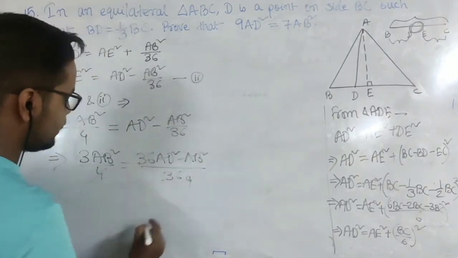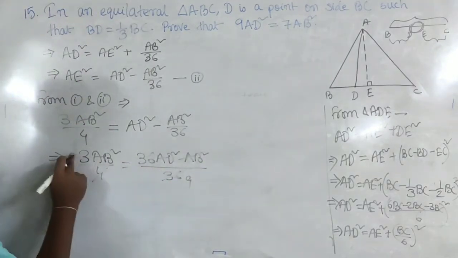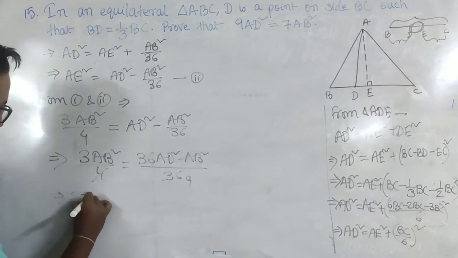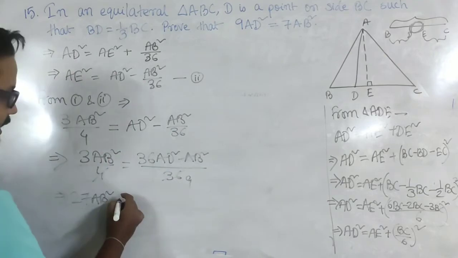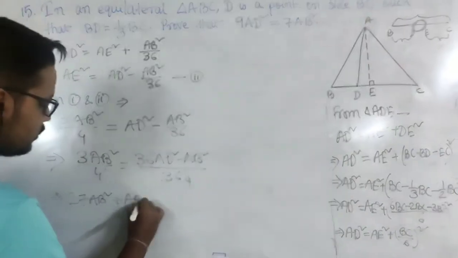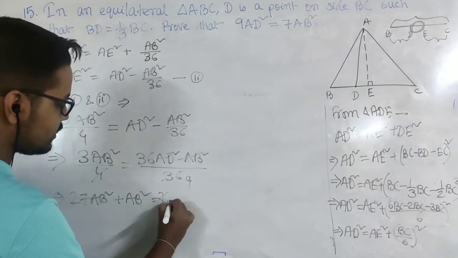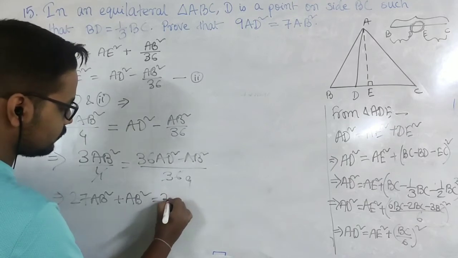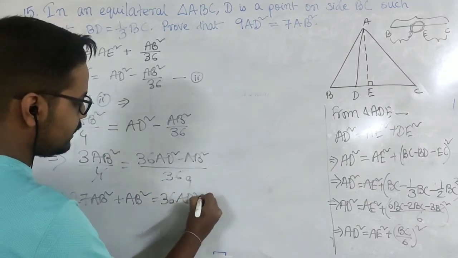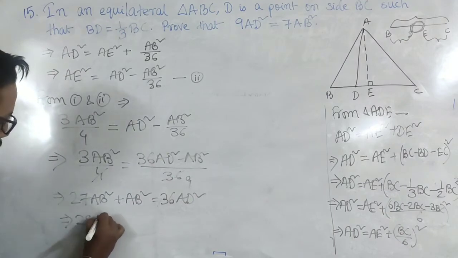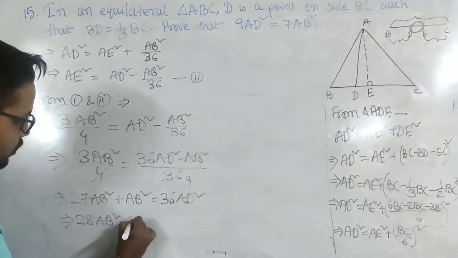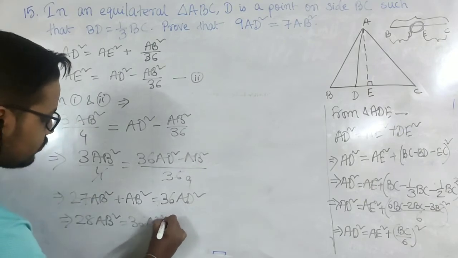4 and 36 will cancel to be 9. Here we have 9 3s are 27 AB squared. If I take a side change of this AB squared, it will be plus AB squared. It will be 36 AD squared. So 27 plus 1 is 28 AB squared equal to 36 AD squared.